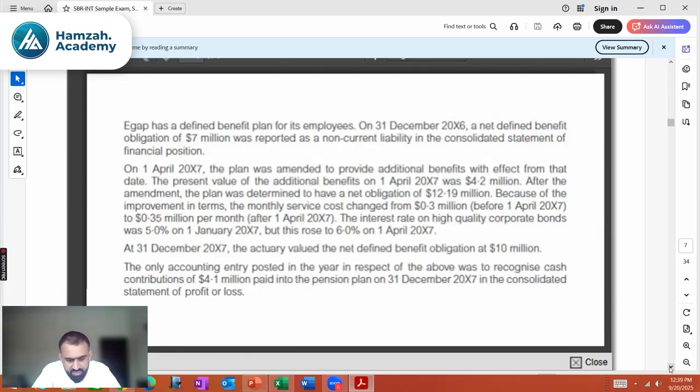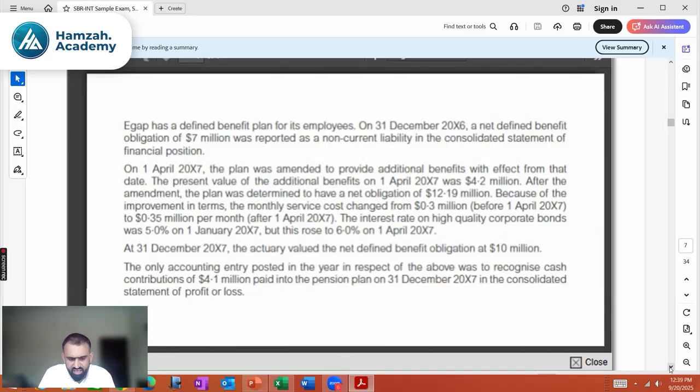After the amendment, they have determined that the net obligation is 12.19 million because of the improvement in terms. Monthly service cost charge changed from 0.3 million before 1st April X7 to 3.5 million per month after 1st April X7. So this is current service cost. After the improvement, the current service cost per month changes from April onward.